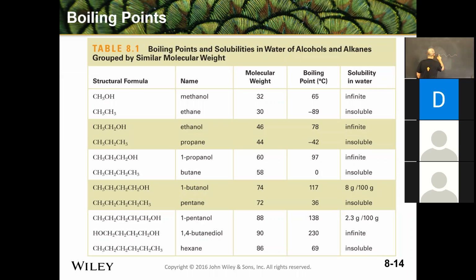So this is 1, 2, 3, 4, 5, 6, 7. So this is 1-heptanol. And although 1-heptanol would exhibit hydrogen bonding, the alcohol group represents a very small part of the overall structure.